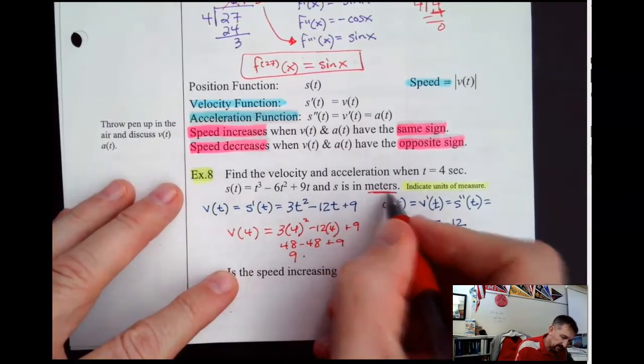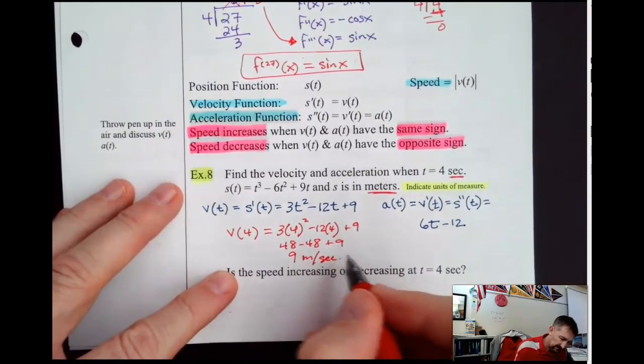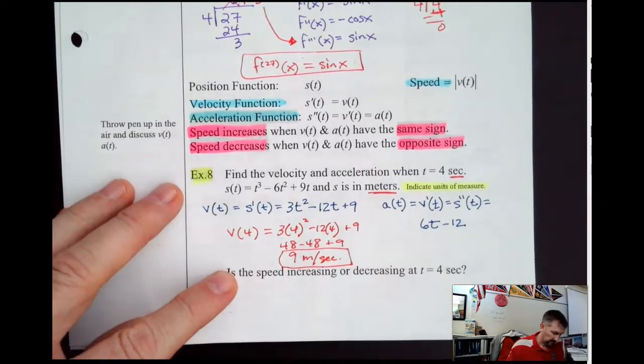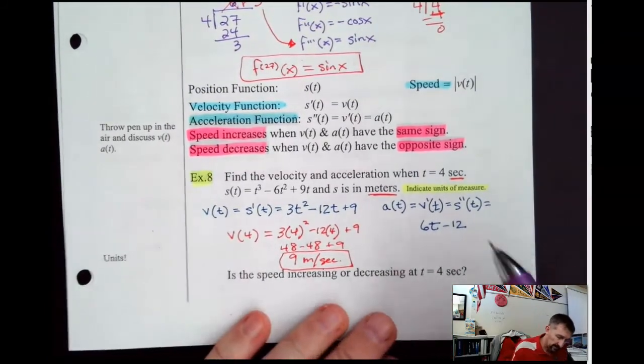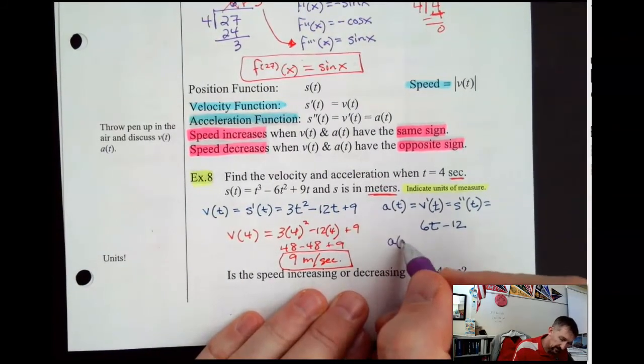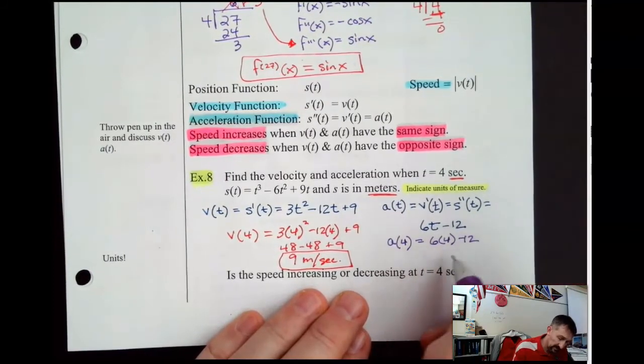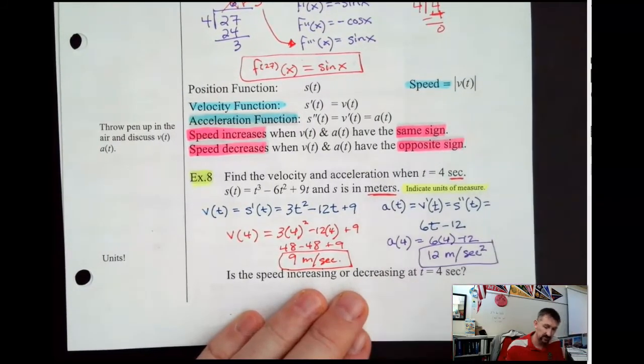And it said meters, so that's going to be 9 meters per second. Okay. And over here, that's going to be the acceleration at 4. So that's going to be 6 times 4 minus 12. So it's going to be 24 minus 12. It's going to be 12 meters per second squared. Acceleration is meters per second squared.